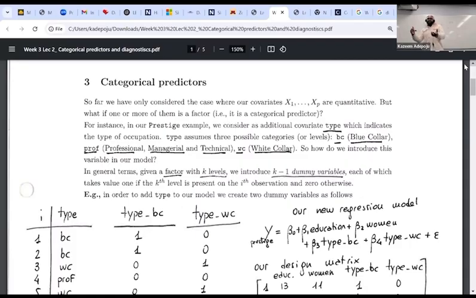If I use all of them, that would create a problem of estimation. Because with perfect multicollinearity, the design matrix is going to be singular. If the design matrix is singular, I will not be able to find the inverse.